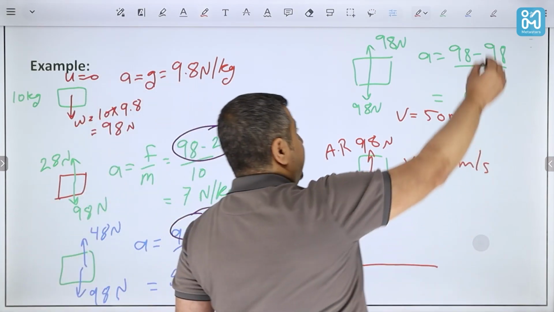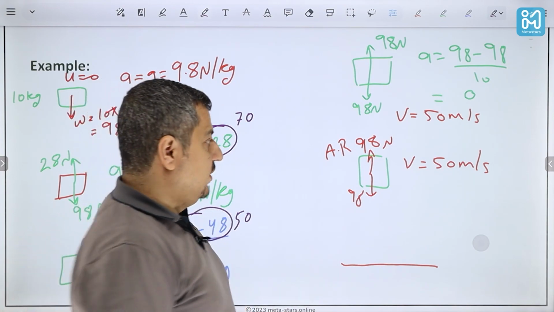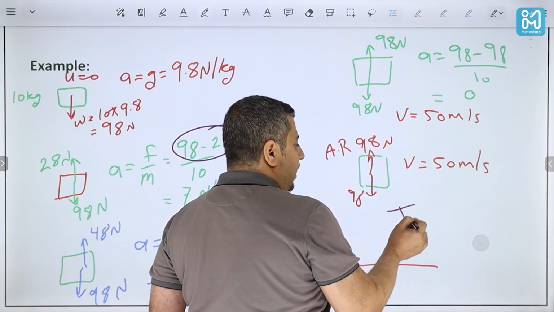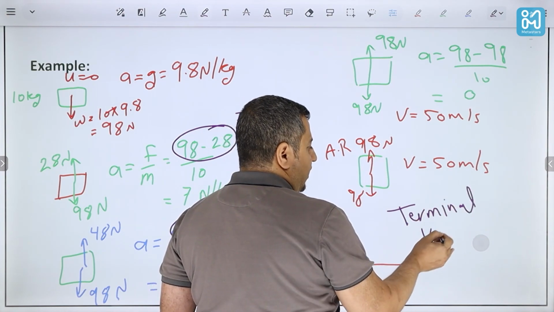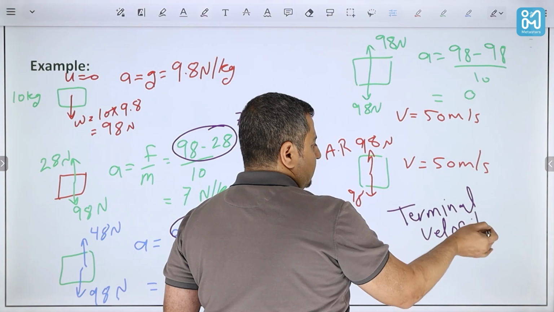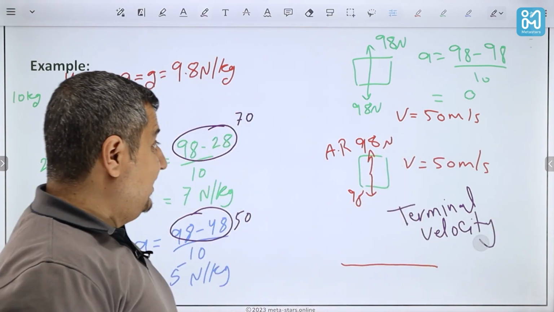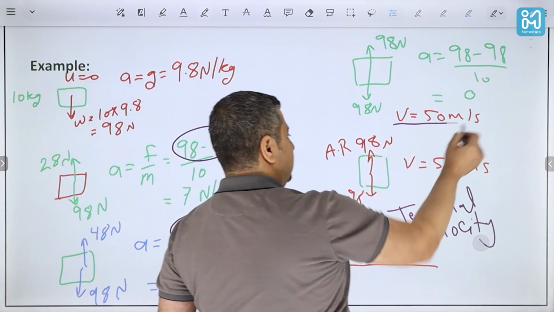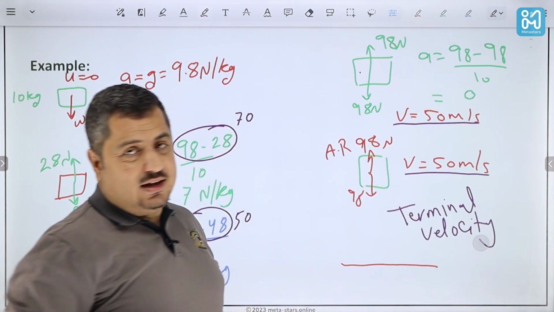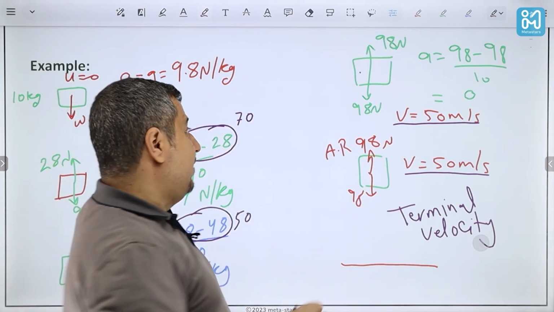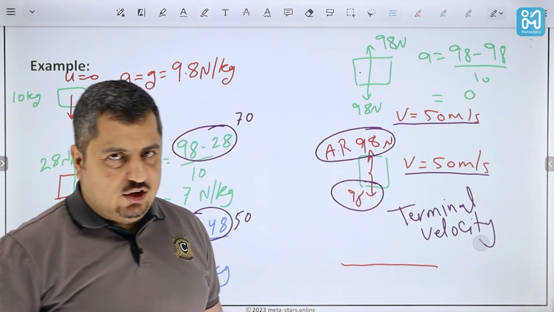Now, there is a new term that you have to understand, which is what? It is called terminal velocity. Terminal velocity is the constant velocity that the falling object has when the weight and air resistance are equal.